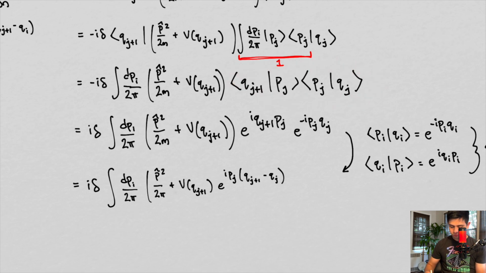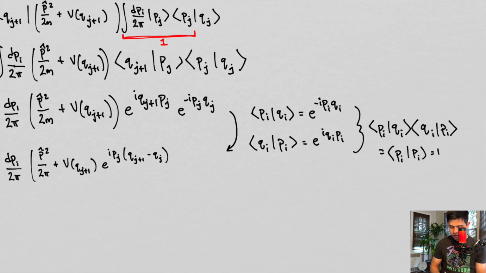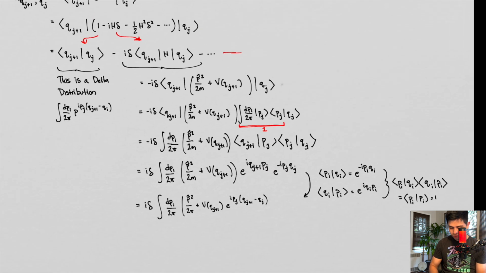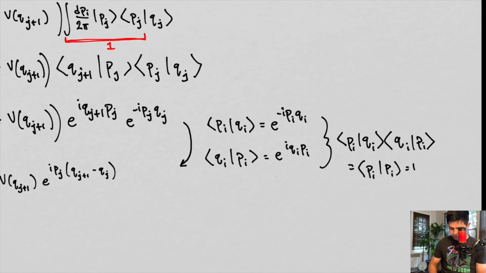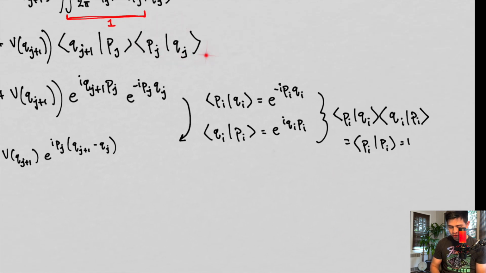To go from here to here now is not too difficult, because we take a look at this and that's just an exponential. So the way we see that, this is something we've seen before, or you can look it up in other places.